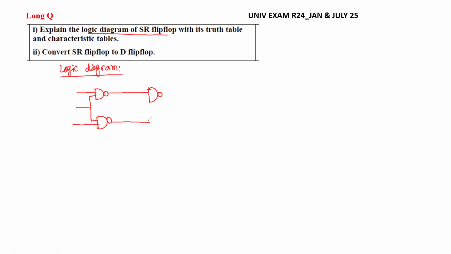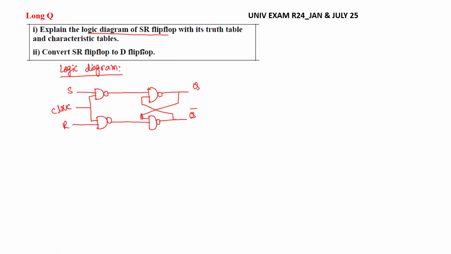The latch is cross coupled, so the output of this one is the input to the other one, like this. This is Q, this is Q bar, this is S, this is R, and here we have the clock. That clock pulse is important.